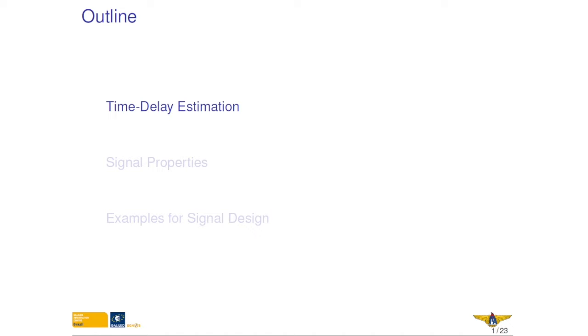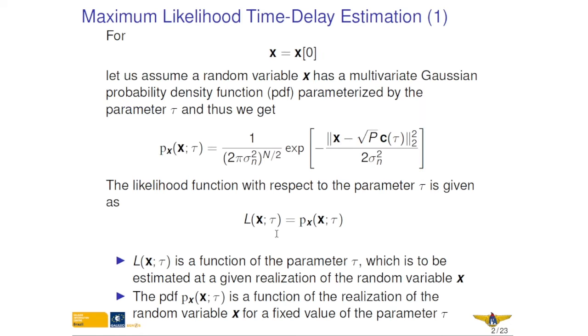Yeah, so based on the discrete model that we defined in the previous lecture, we can assume now that x is a random variable, and the signal x is a representation of the random variable x, and we consider only the period 0 for this time.